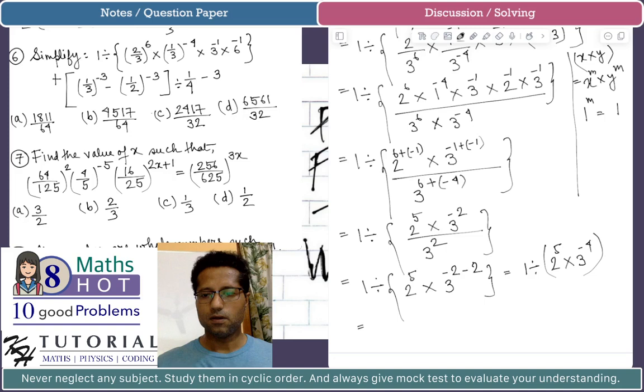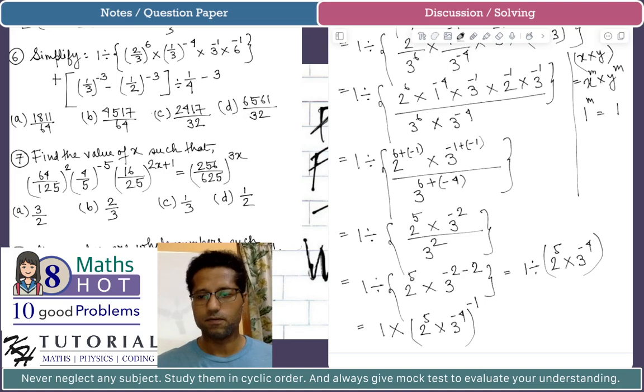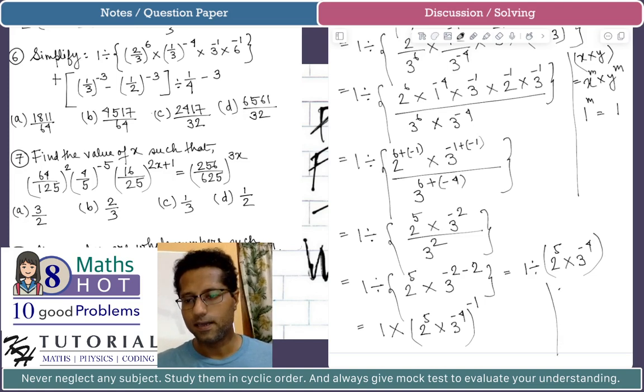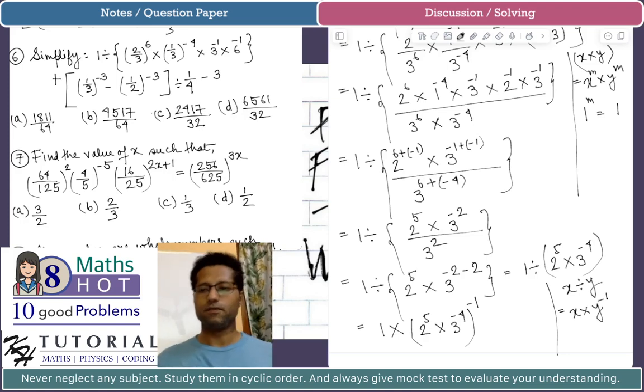This is equal to 1 multiplied by 2 to the power 5 multiplied by 3 to the power minus 4, this whole raised to the power minus 1, because we know that x divided by y is equal to x multiplied by y inverse, the multiplicative inverse of y.